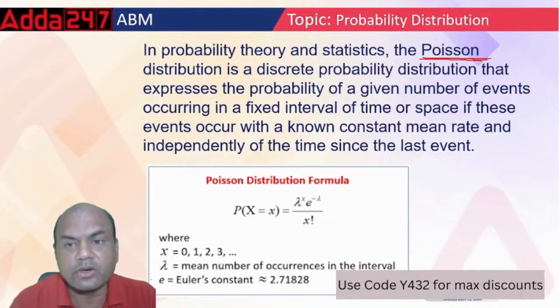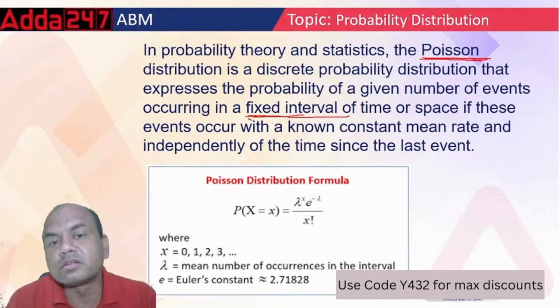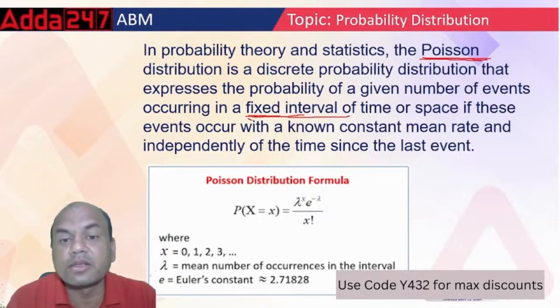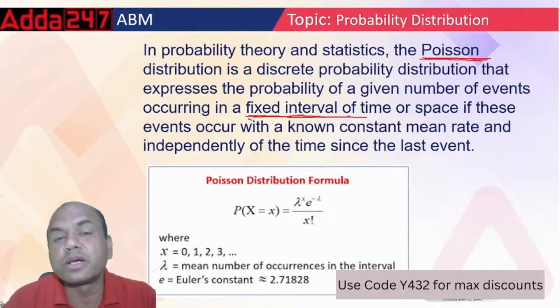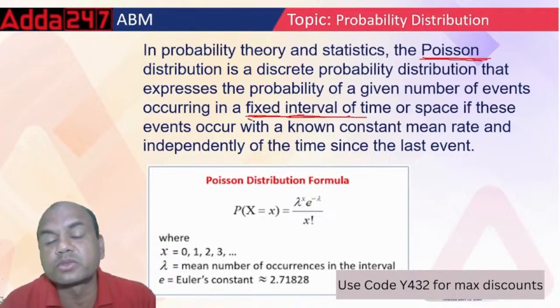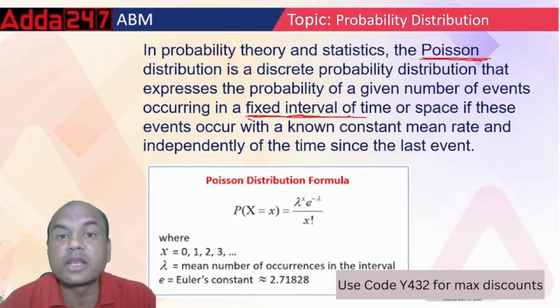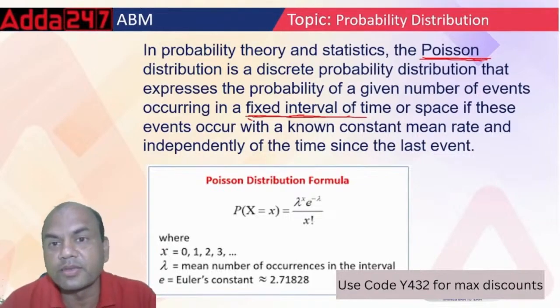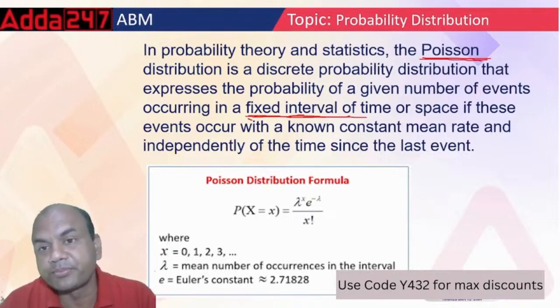And for Poisson, always remember there will be something constant, a fixed interval, something fixed. For example, you are getting some virus, and every 2 hours you are getting almost 3 patients. So this is a constant phenomenon. Poisson will always see this constant phenomenon.